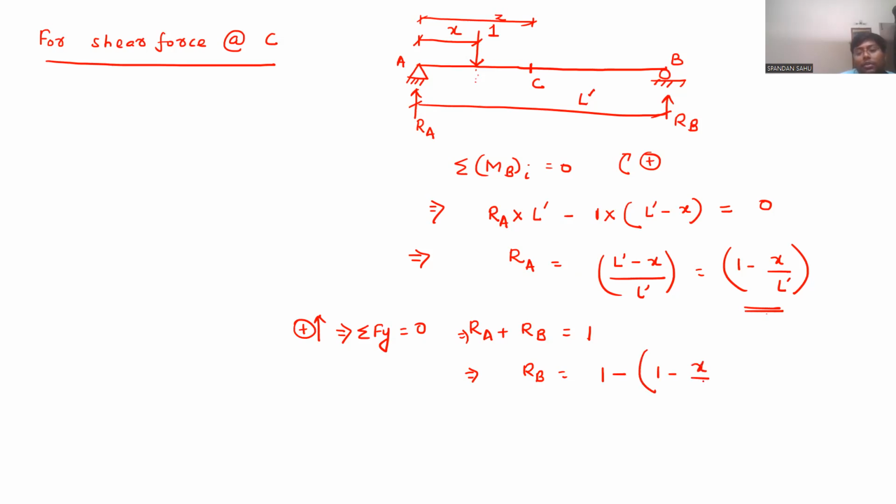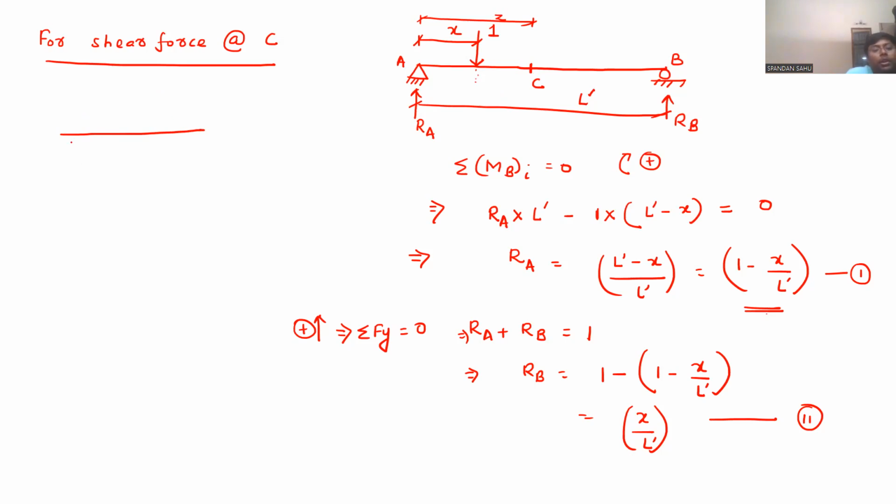I am directly substituting 1 minus x by L prime, so when you simplify this, you will get x by L prime. Correct? Till this point, is there any problem? No problem. Okay.